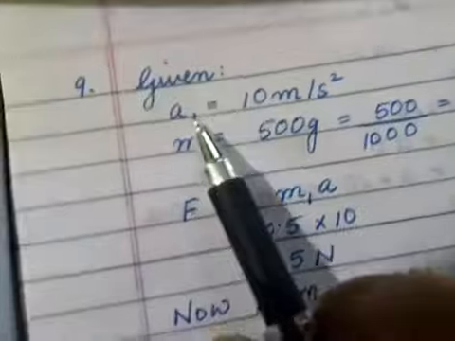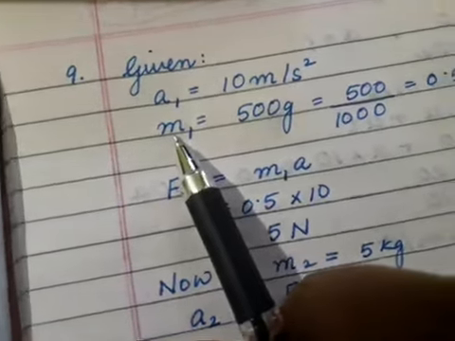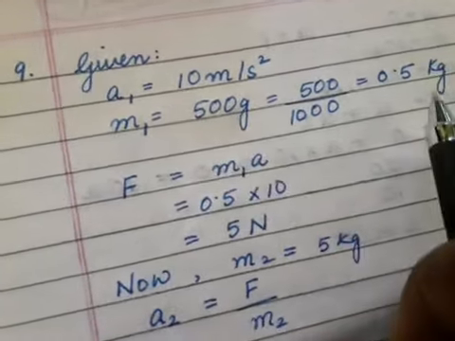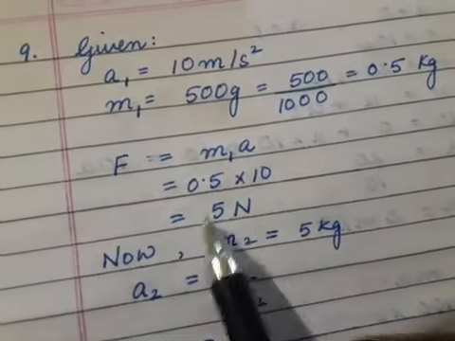So what is my case 1 here? Case 1 is when the acceleration is 10 meter per second square and my mass is 500 grams, that is 0.5 kg.